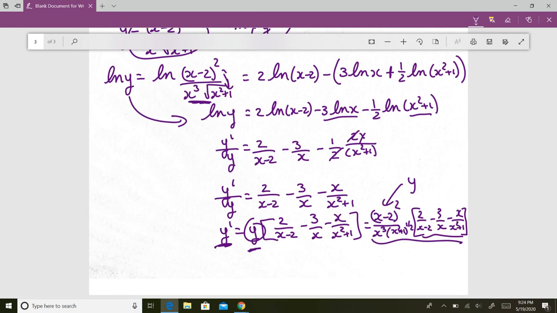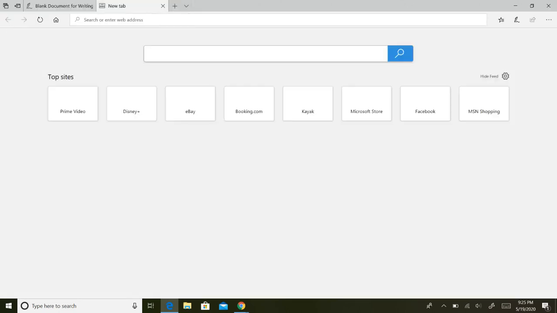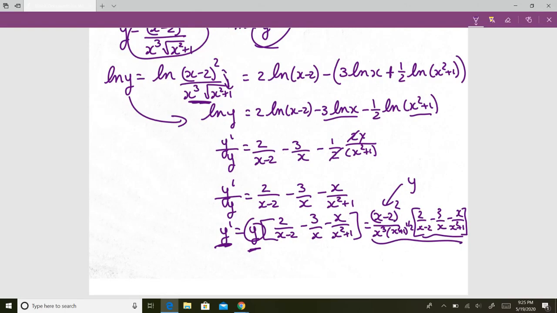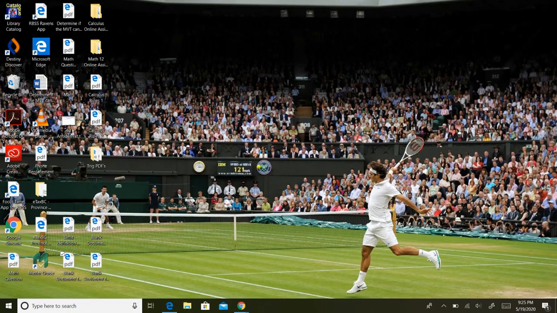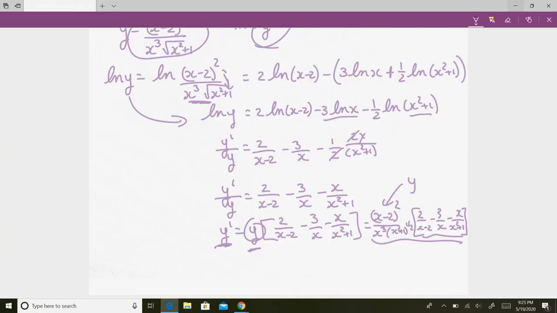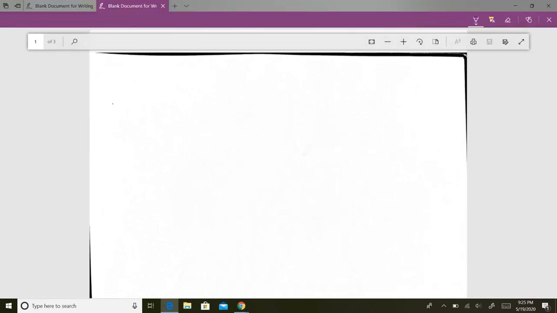Okay. There's one more thing I wanted to show you. The final thing is I just want to show you what happens if you have an absolute value in your log.